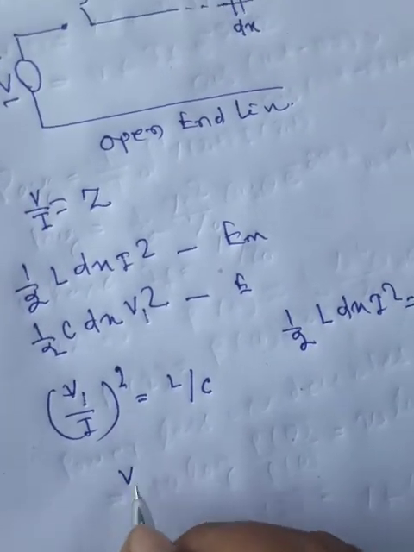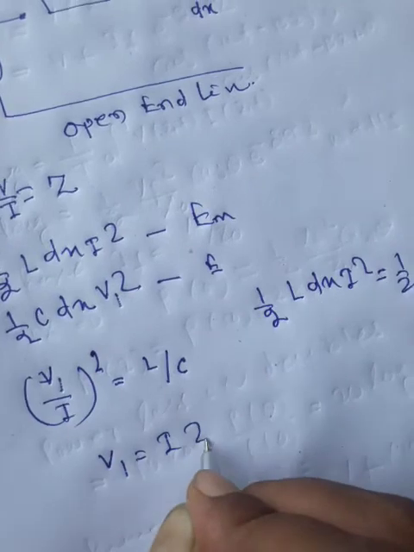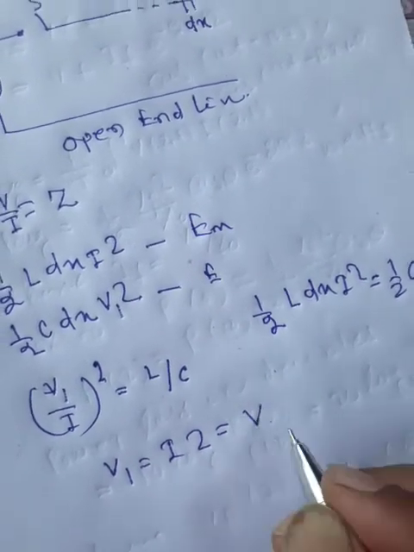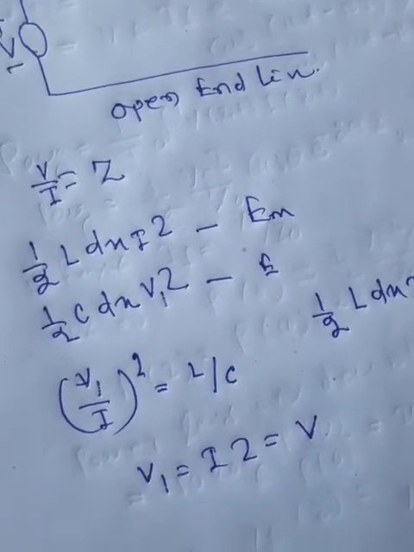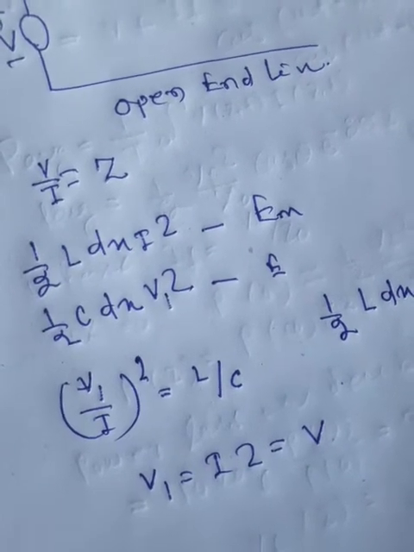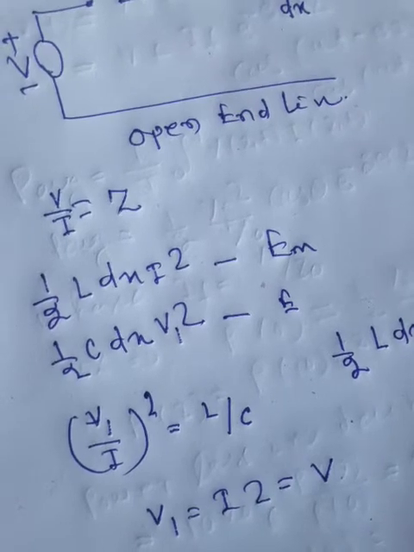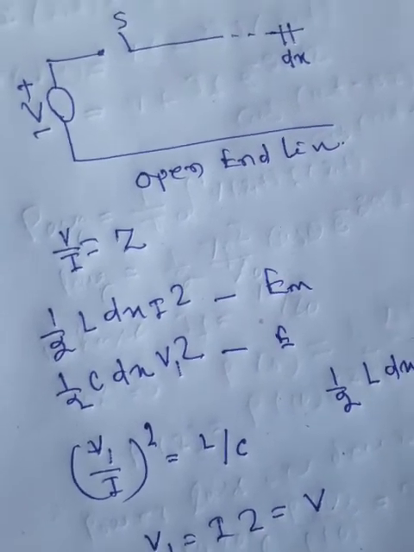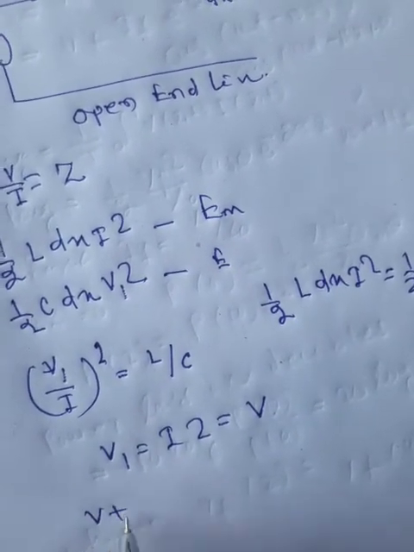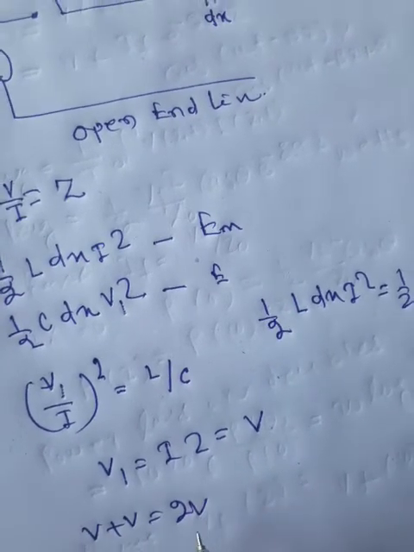Again, here V1 is equal to I into Z, that is equal to V. This means the potential of the open end is raised by V volts. Therefore, the total potential at the open end when the wave reaches this end will be V plus V, 2V.